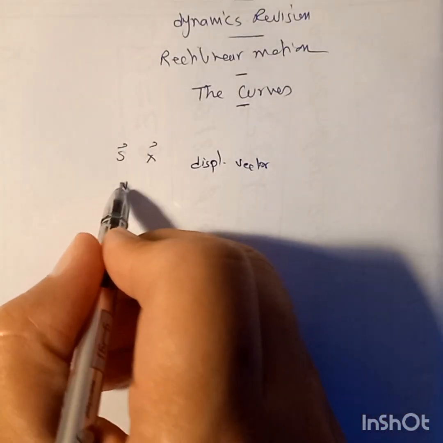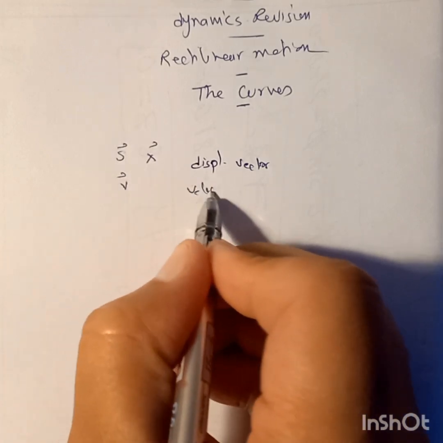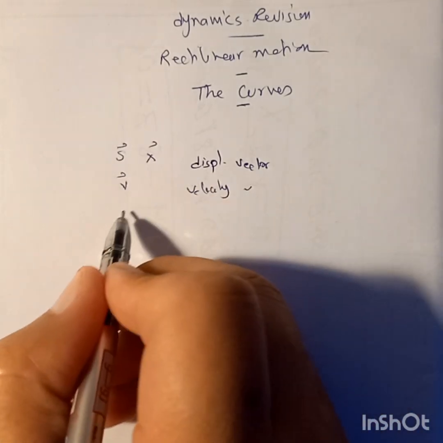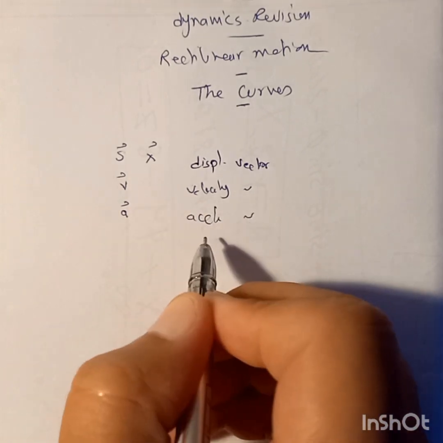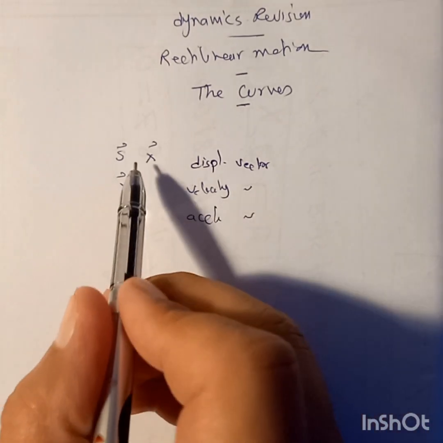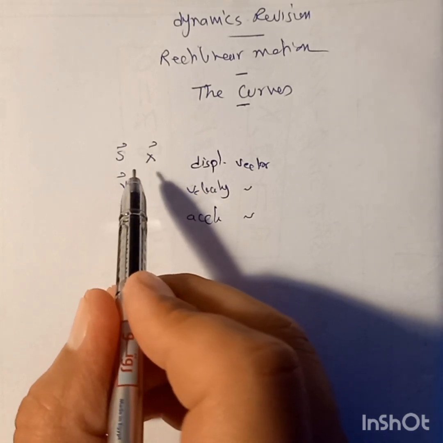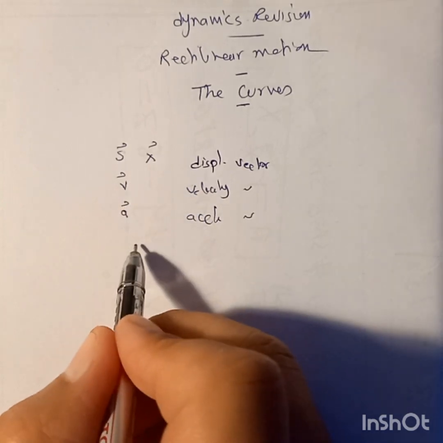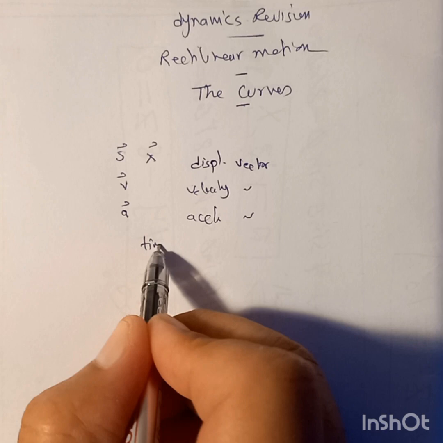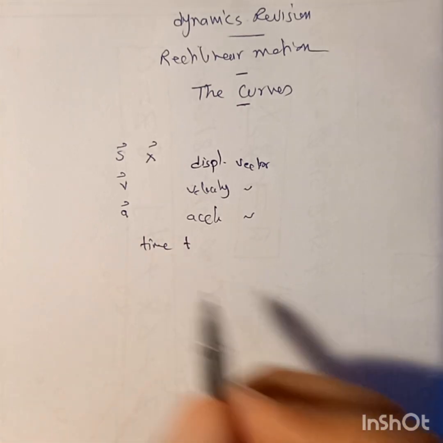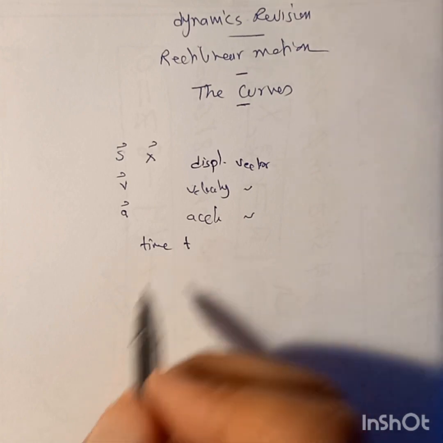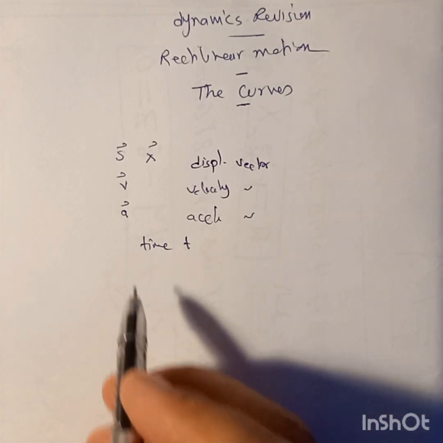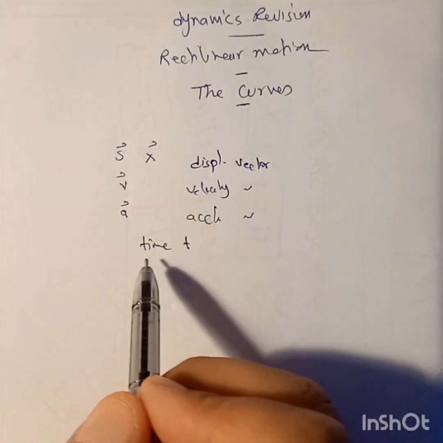Also we have the velocity vector and the acceleration vector. All these vectors we can relate each of them with time, t, by using the proper curve representing the relation between any of these vectors with time.